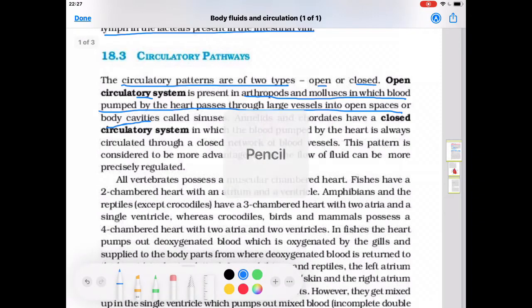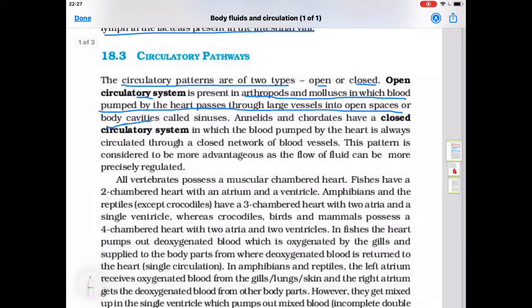Annelids and chordates have a closed circulatory system in which the blood pumped by the heart is always circulated through the closed network of blood vessels. This pattern is considered to be more advantageous as the flow of fluid can be more precisely regulated. In the closed circulatory system, the blood flows in a regulated manner.